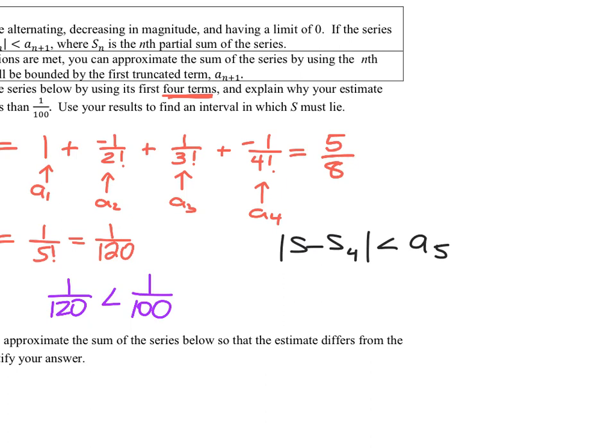S minus S sub 4 has to be less than a sub 5 by rule. S minus S sub n has to be less than a sub n plus 1, and we denoted all of this to amount to S sub n being S sub 4 and a sub n plus 1 being a sub 5. What this means algebraically is that S minus S sub 4 is going to be between negative a sub 5 and positive a sub 5.